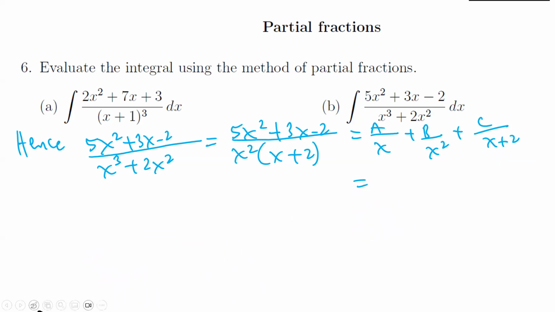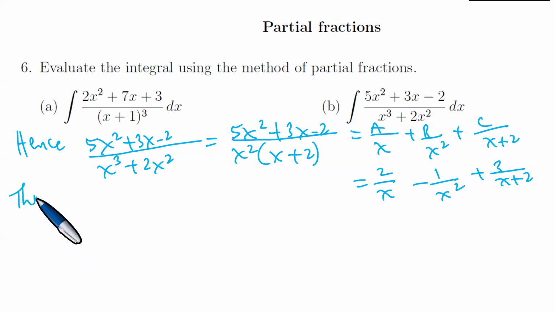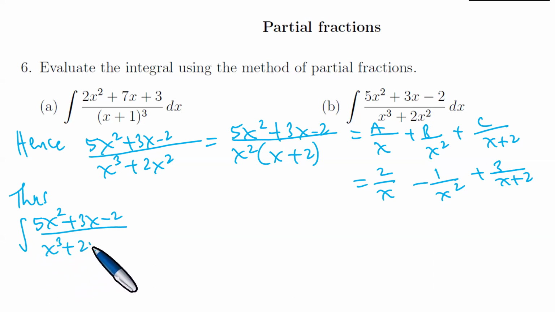And 2 over x squared, 3 over x plus 2. That's the integral: 5x squared with 3x minus 2, 2x squared.